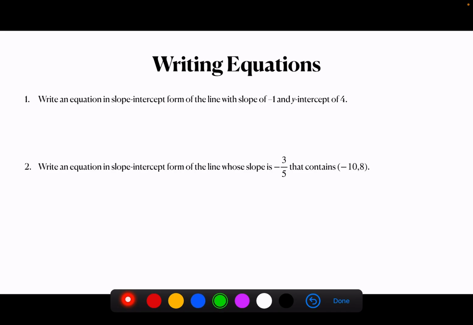So we're saying here that m is equal to -1. We're also saying that b is equal to 4.